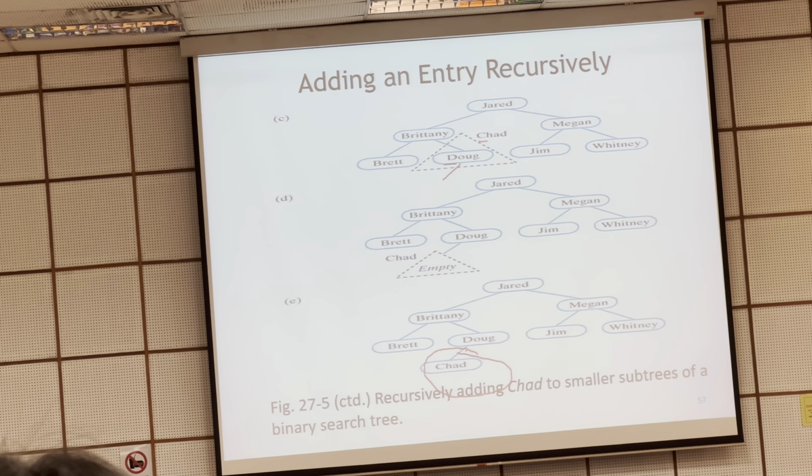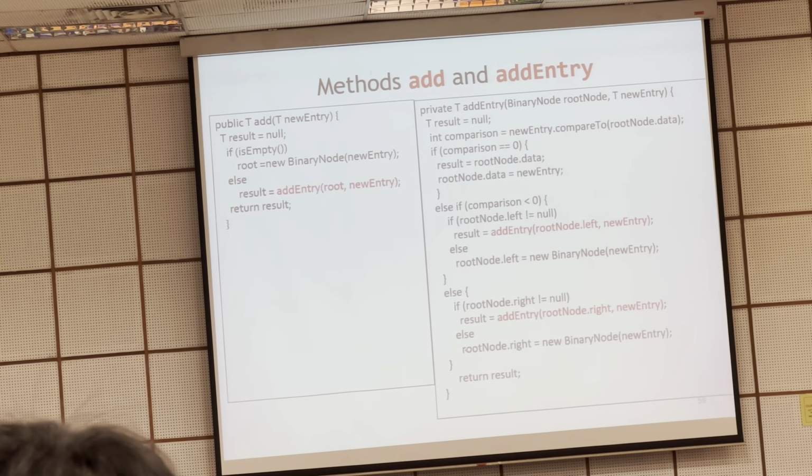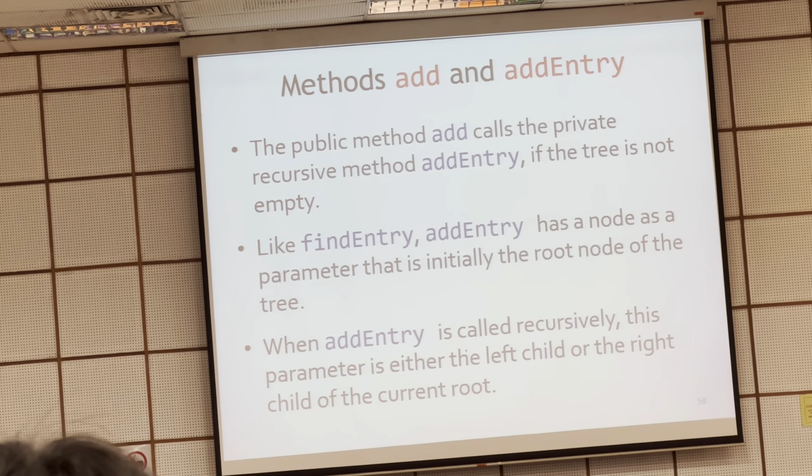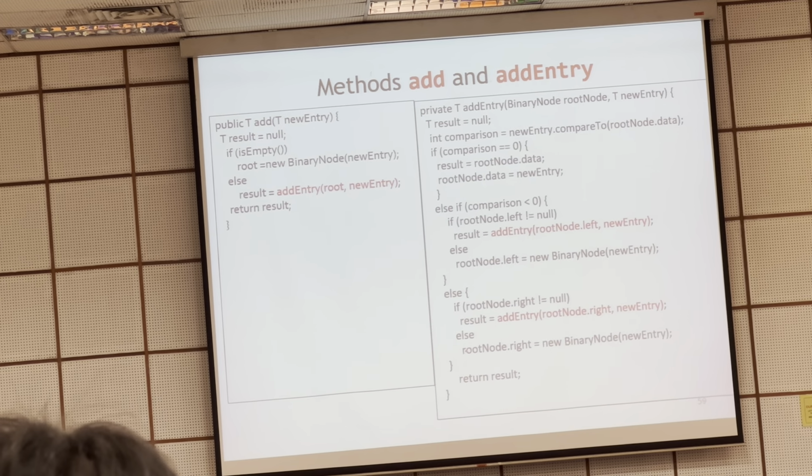How can we do this? Of course by using compareTo. We talked about compareTo before, comparable. This is how we recursively add the value. We use add entry, find entry, then add entries. Recursively we can use this.